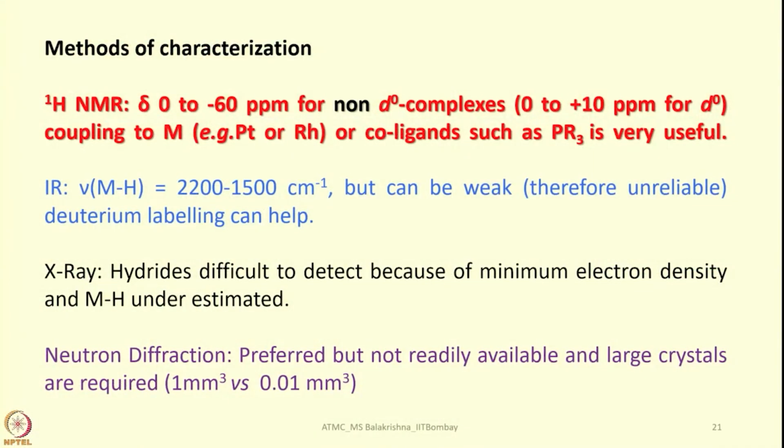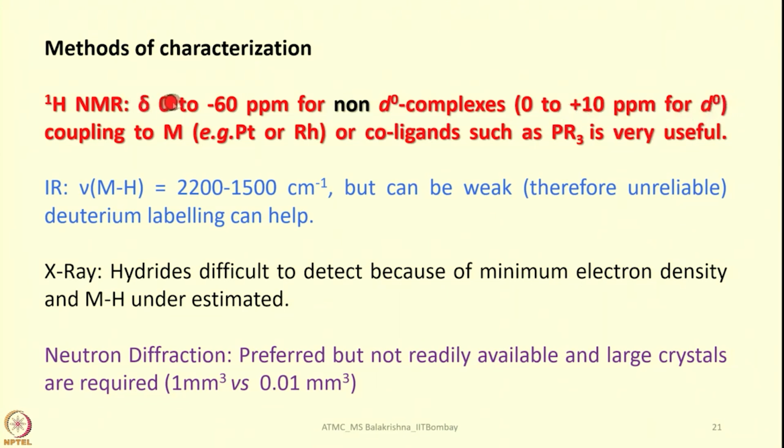1H NMR comes very handy, and you should remember that in 1H NMR we can see signals anywhere from 0 to minus 60 ppm for non-d0 complexes. That means if you make a metal-hydrogen bond for a metal having a non-d0 electronic configuration, that is, more than 1 and up to 8 or 9 electrons, then it is 0 to minus 60, whereas it is 0 to plus 10 for d0 complexes.